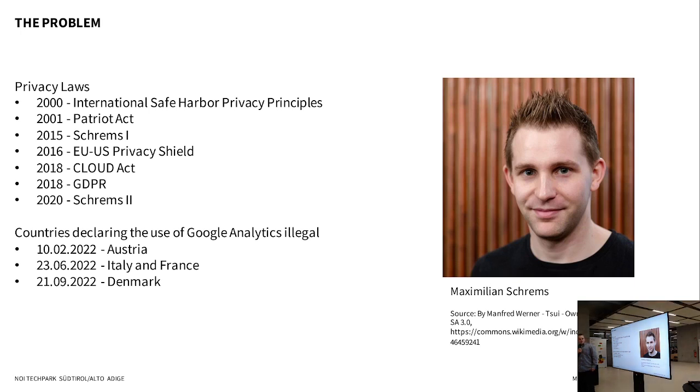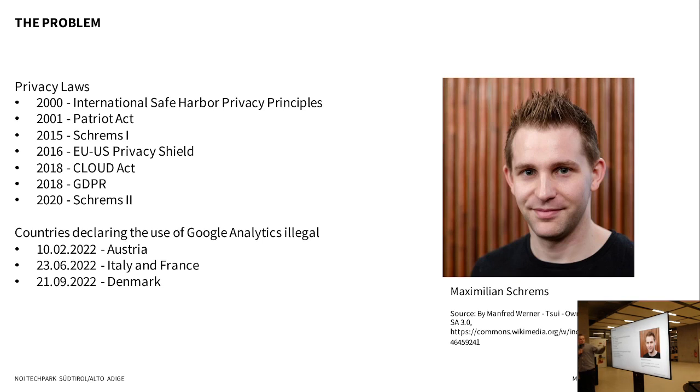It all started with this guy, Maximilian Schrems. This is the evolution of the privacy laws between the United States and the European Union. In 2000, they developed the International Safe Harbor Privacy Principles, which defined how the data of a user has to be stored safely, how it can be used, that he has to be notified how the data is used, and some other principles.